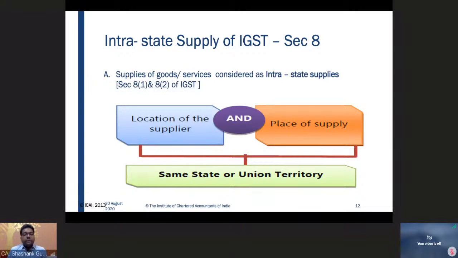So basically, where the location of the supplier and place of supply are in the same state or union territory, in such cases, the transaction will be liable to CGST plus SGST.